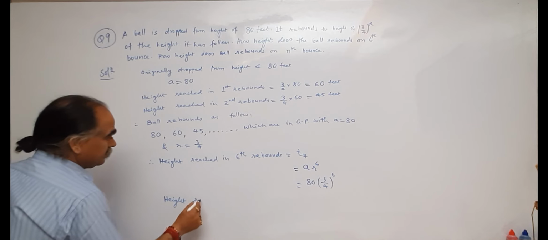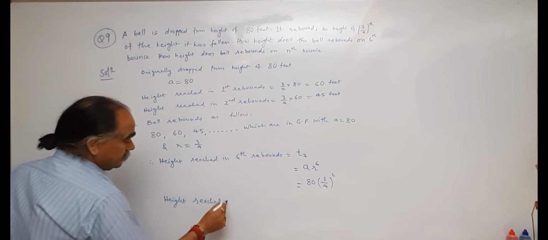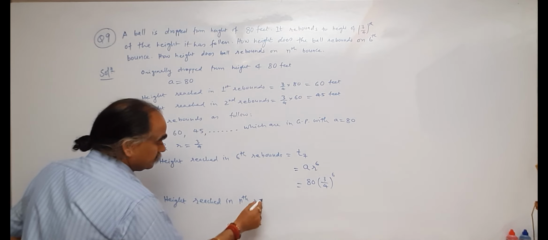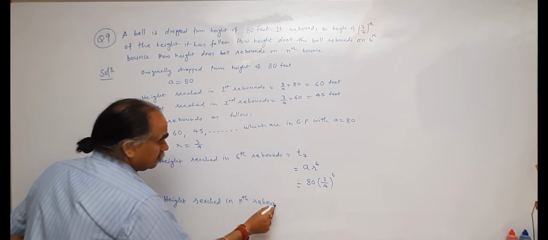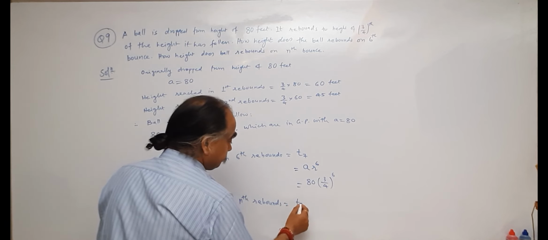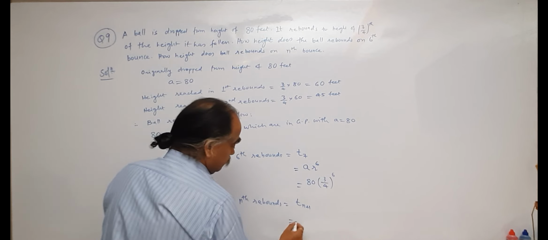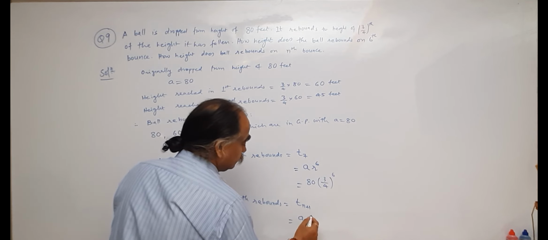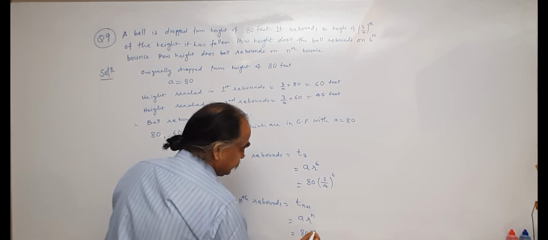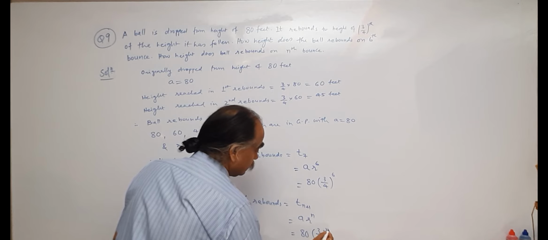Height reached in nth rebound is equal to n plus 1th term, which is what? A R raised to n. 80 into 3/4 raised to n.